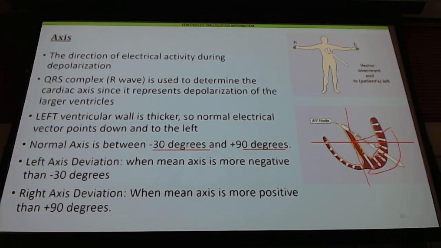And the reason that's our normal range is, remember, the heart's kind of twisted and tilted back, but the left ventricle in a normal heart has more mass to it than the right side does, right? And if I have more mass, that means I have a larger action potential, some vector going in that direction.